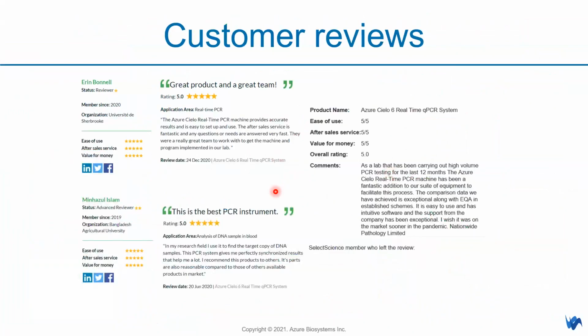We have customer reviews here telling us how Cielo is capable of solving their difficult questions. For example, if you have a very low quantity of nucleic acid template that you can no longer max out, and your target gene is also lowly expressed, then you might need a qPCR machine that is capable of detecting small differences and is very sensitive to all the signals that you get.